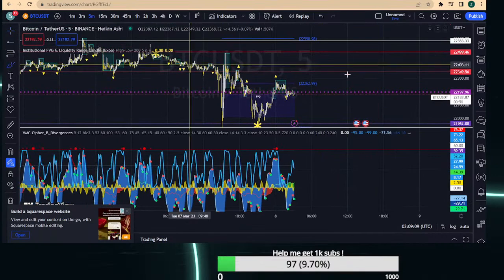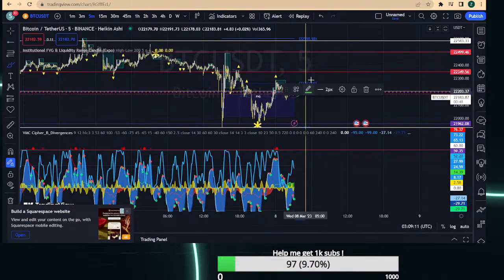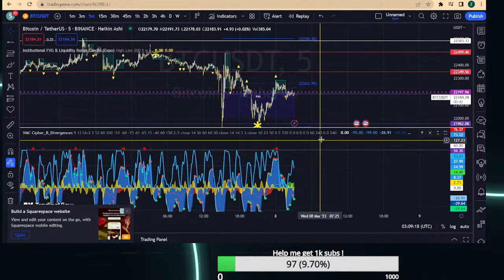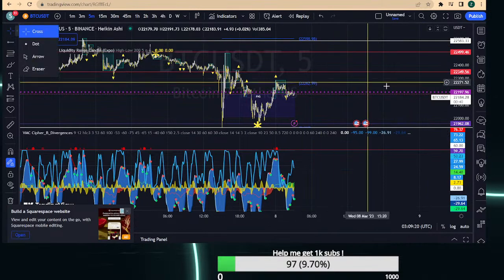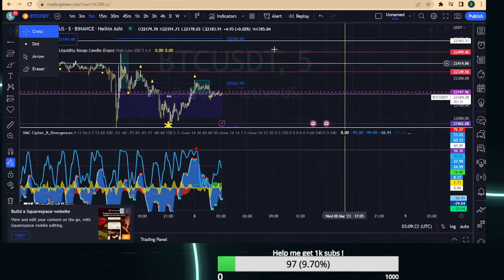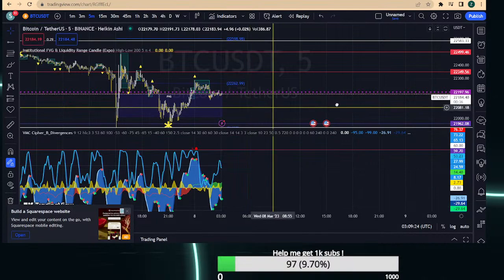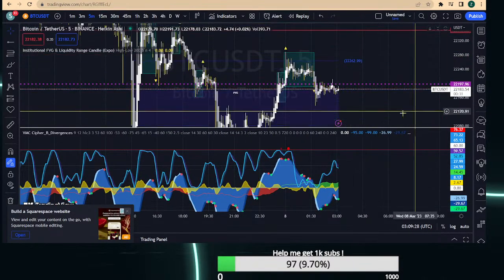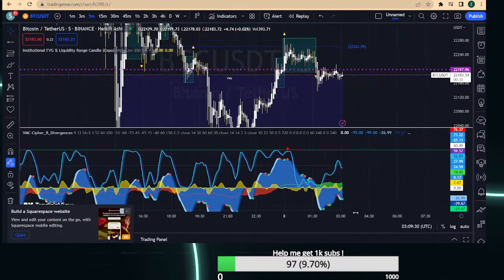I can even draw it, something like this, just straight up like that. And anyway, let's move across. This is on the 5 minute, like I said. The 5 minute does look pretty healthy.